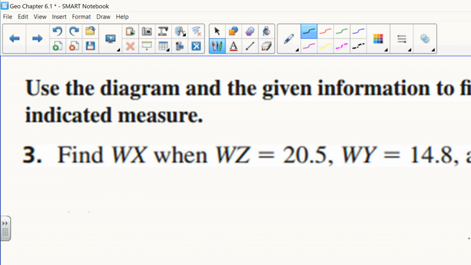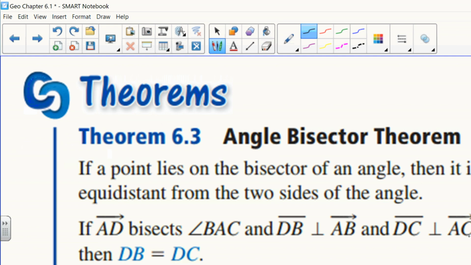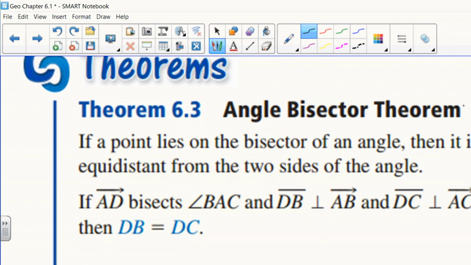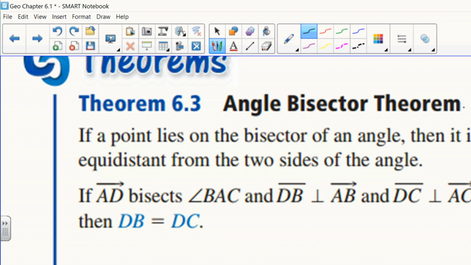All right, guys, if y'all feel comfortable with that, we'll go on to the angle bisector theorem. The angle bisector theorem and its converse are the last 2 theorems that we're going to look at. If a point lies on the bisector of an angle, then it's equidistant from the 2 sides.